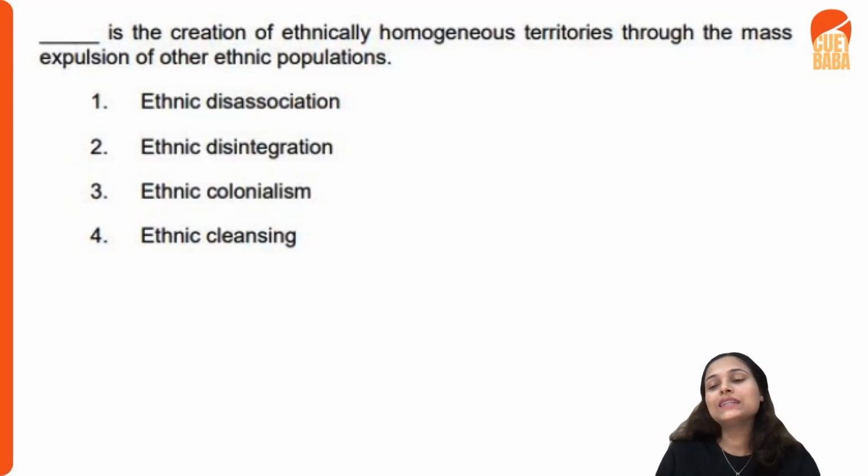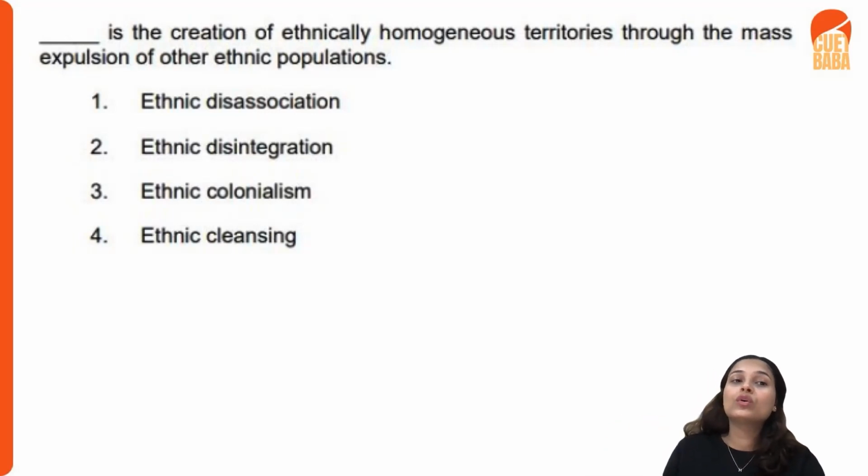And what is ethnic cleansing basically? It's a systematic removal of people, and of course creation of homogeneous societies or territories. Take the example of the Germans and the Jews. Hitler wanted to remove all the Jews and wanted an ethnically homogeneous territory of Germans only.